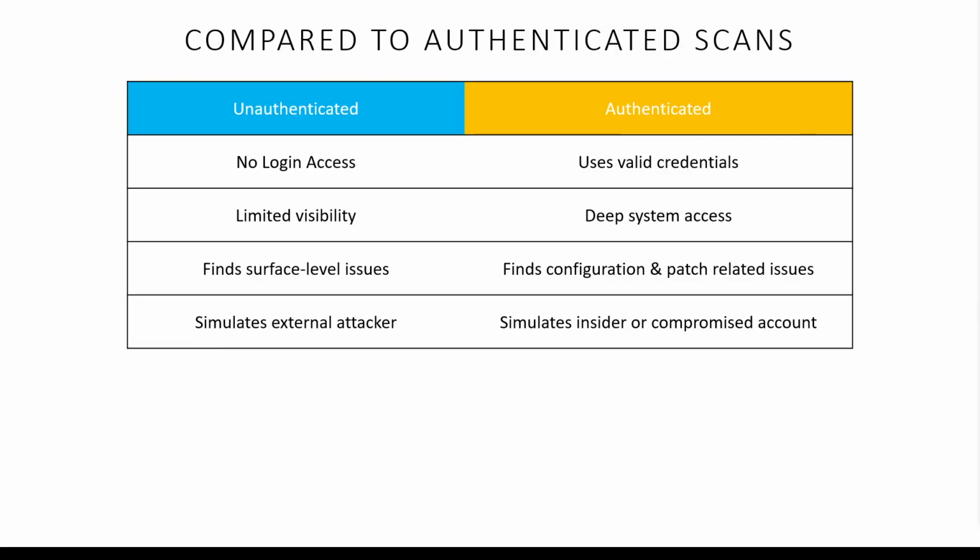And of course, like we mentioned, it's a very limited visibility type of scan, whereas the authenticated will have that deeper system access. Unauthenticated will also find surface level issues, whereas the authenticated will actually find configuration and patch related issues. Now, the unauthenticated is good because it will simulate an external attacker. However, an authenticated will simulate more like an insider threat or a compromised account.